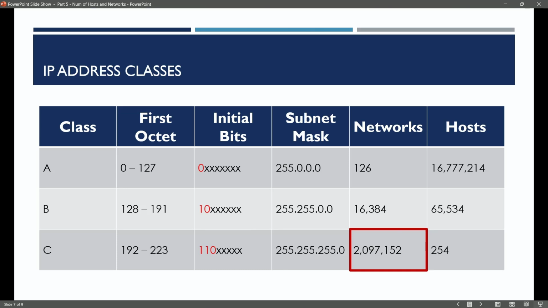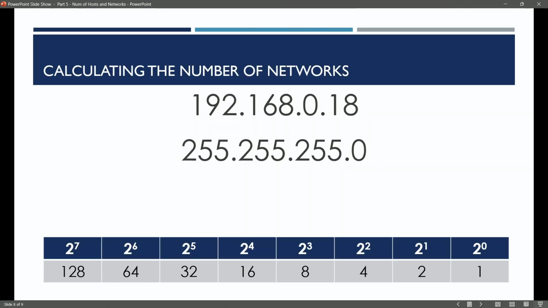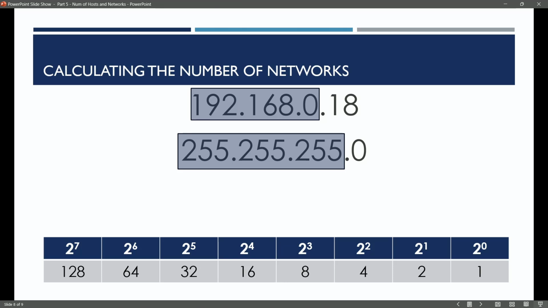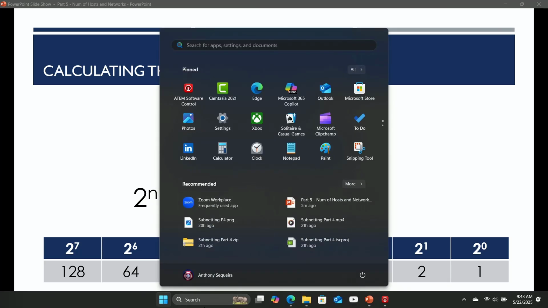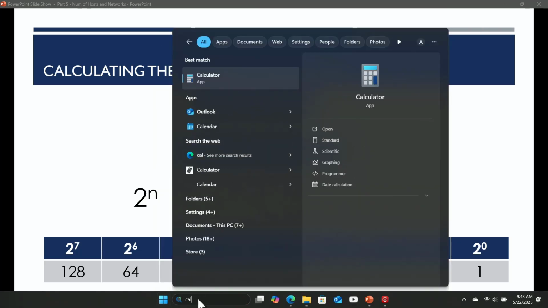If we have 5 bits to play with in the first octet, and then we have 8 and 8 bits after that, the number of bits that we have to play with for network addressing here is 21. So 2 raised to the 21 is 2,097,152.